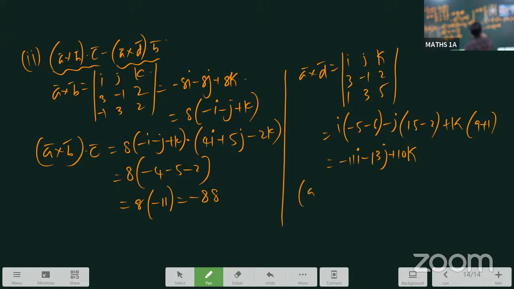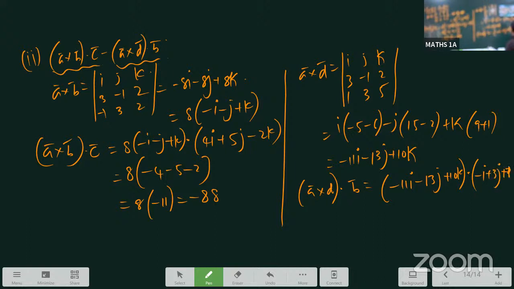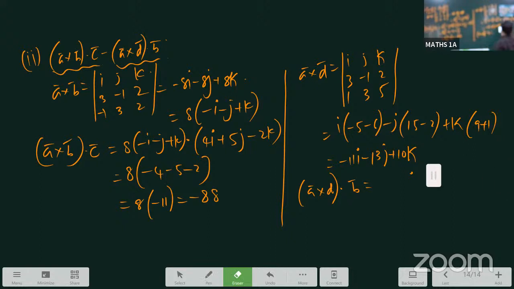Now A bar cross D bar dot B bar. What is this? Minus 11I minus 13J plus 10K, your dot product with B bar. What is that B bar? Minus I plus 3J plus 2K.